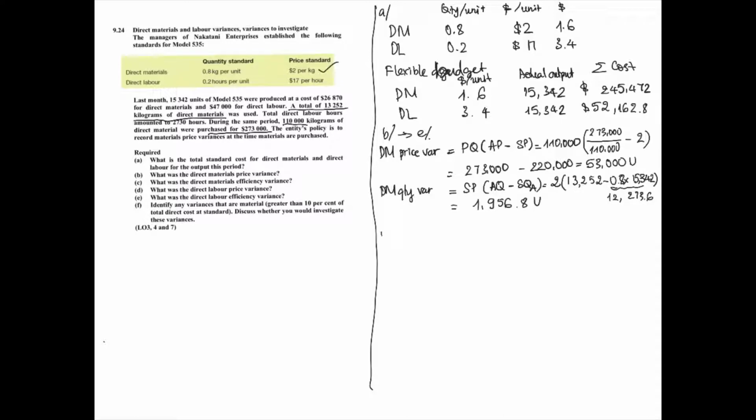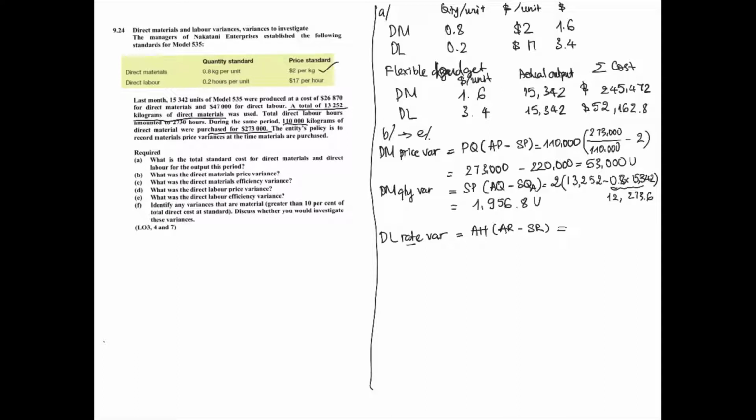The third one will be direct labor rate variance or price variance. We don't call it price because that is human labor, which is called rate. So for the rate variance, inside the bracket is always the difference between the actual rate and the standard rate, and outside would be the actual hours that we use.